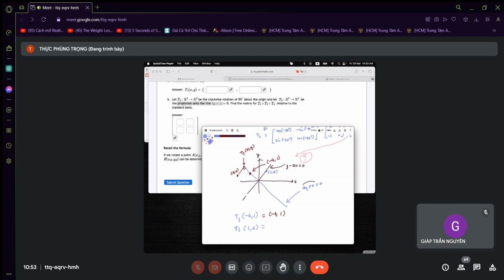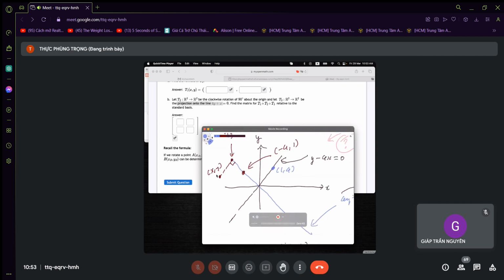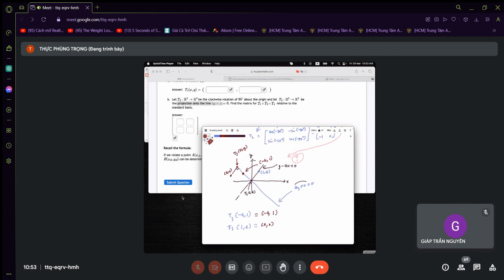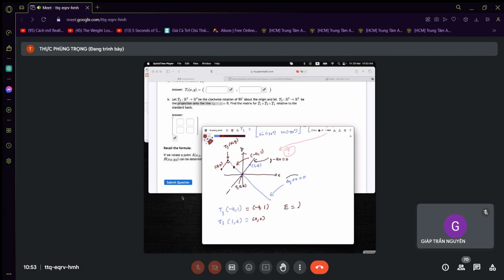You see (1, 4). What's the projection we have on the line right here? It's exactly the origin, right? This one is T3 of (1, 4). Because we consider the projection on the line right here, you get (0, 0) for this. Yeah, and that's it. Now you have E, the basis, and it's time to do the same thing. You see the projection of this one on the line right here is the origin by definition.